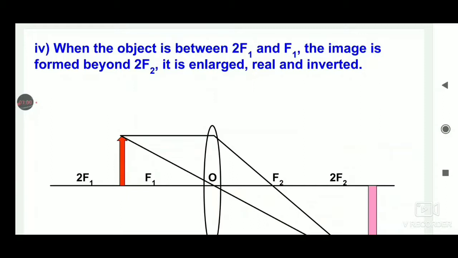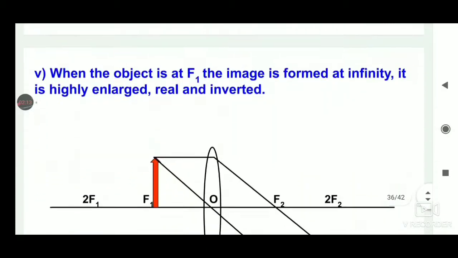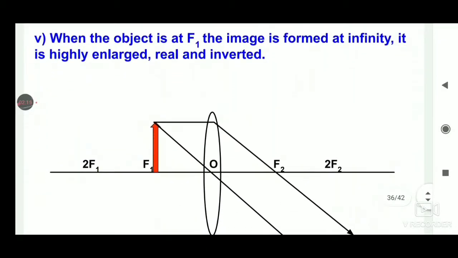So in this case the image will be enlarged, but similarly as happens in the previous three cases, it will be real and inverted. In the fifth case, when the object is at F1, the image is formed at infinity.